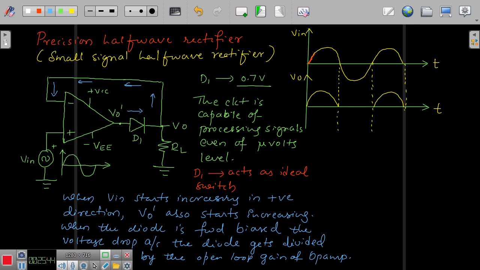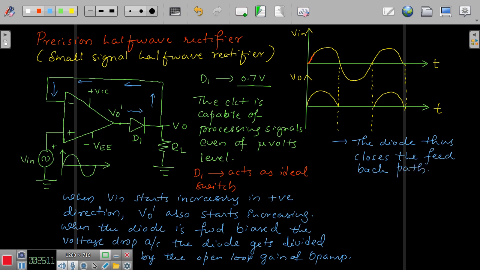So when the diode D1 is forward biased, it closes the feedback path. This is what is required for us.